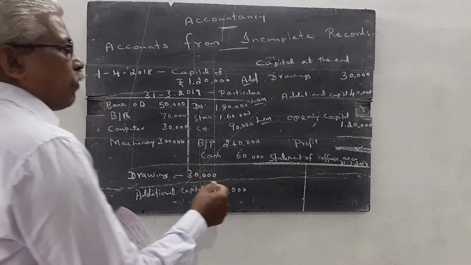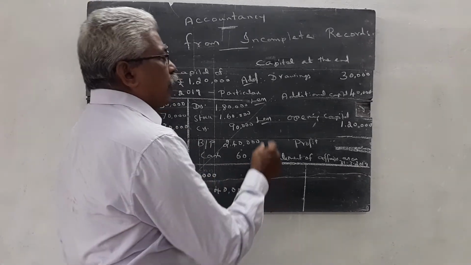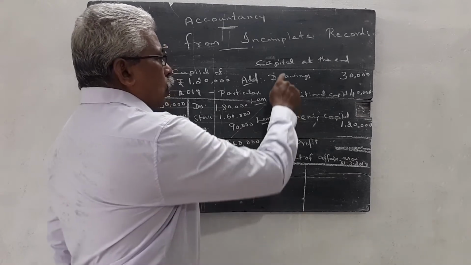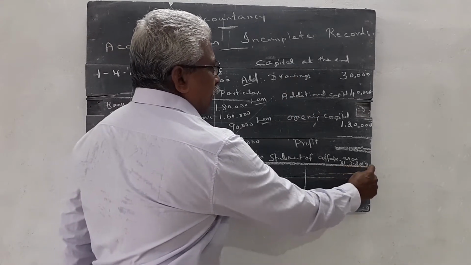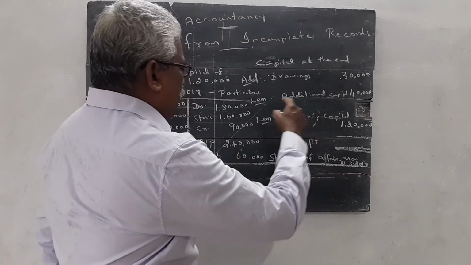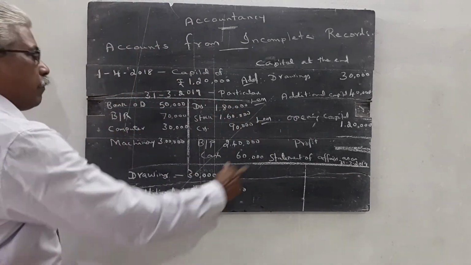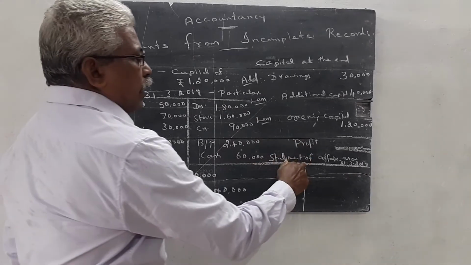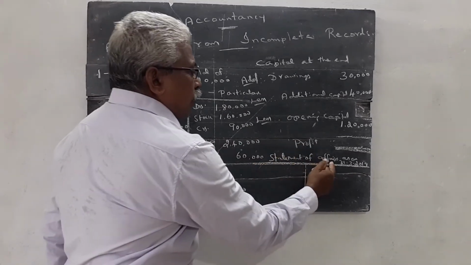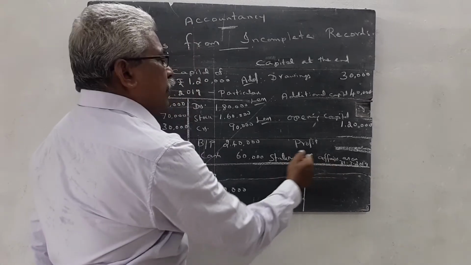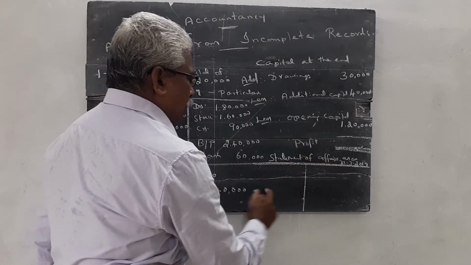The statement of affairs is prepared for the purpose of finding out the capital. So closing capital, that is capital as on 31/3/2019, is necessary. With the help of this information, we have to calculate capital. We prepare the statement of affairs. The result of this preparation is capital.